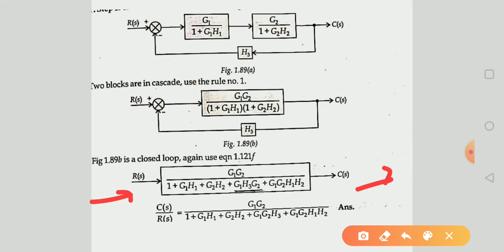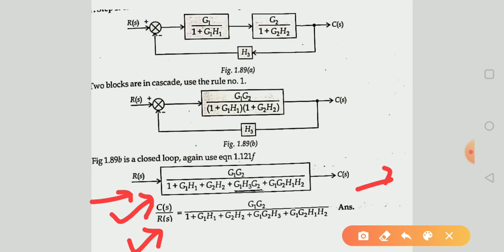If we want to calculate the transfer function, we know what is the transfer function? The transfer function is the ratio of the output Laplace transform to the input Laplace transform. This is in the frequency domain.